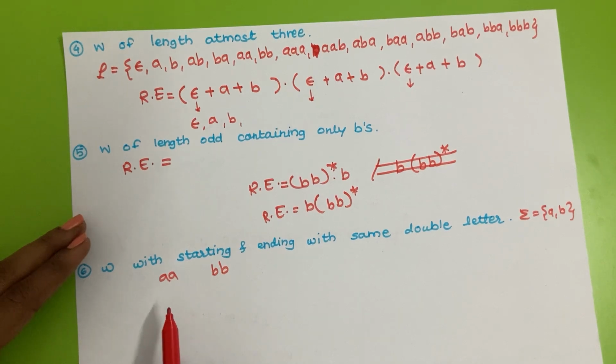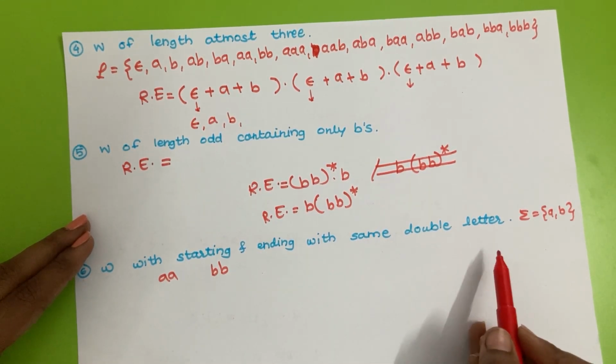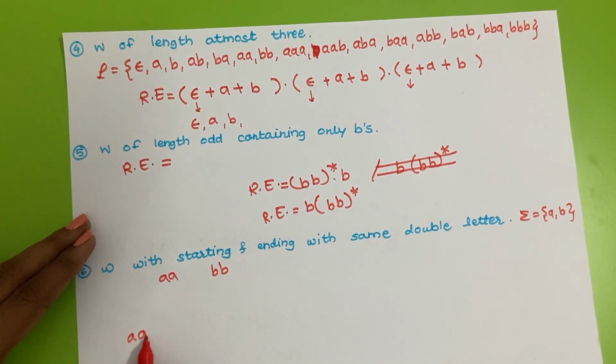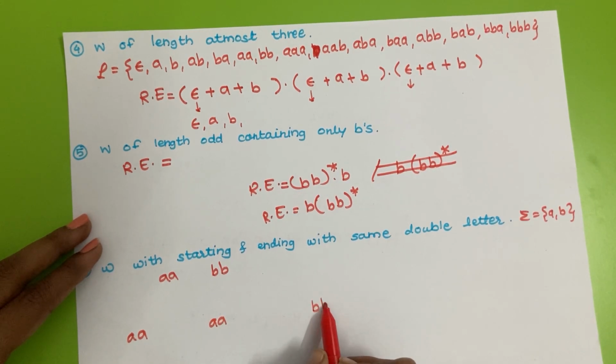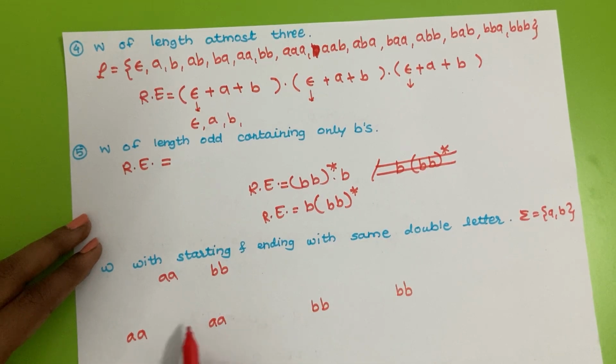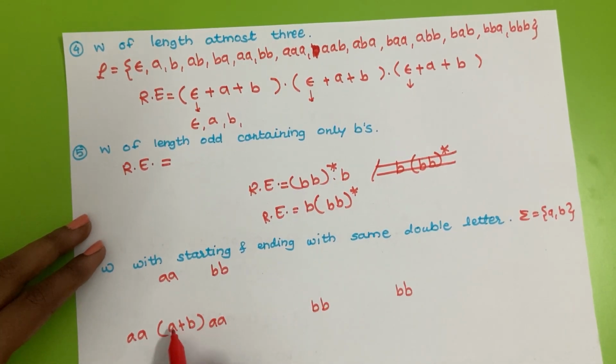The strings that start and end with the same double letter: at the start of the string we have double A, then at the end we should end with this double A only. And if we have double B at the start of the string, then it should end with double B only. In between these two we can have any combination of A and B, and that will be represented by (A plus B) bracket star.